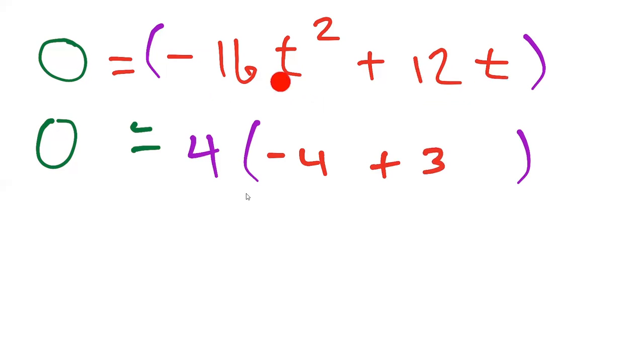What else do they both have in common? Well, I just said it. They both have a t. So I can also take a t out. So my GCF amongst both terms is that they can both be divided by 4 and both have a t removed. T squared is the same thing as t times t. So if I take a t out of it, I'm left with 1t.